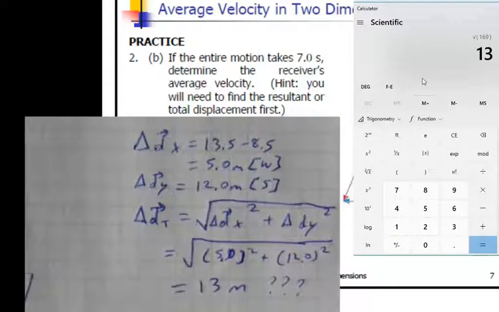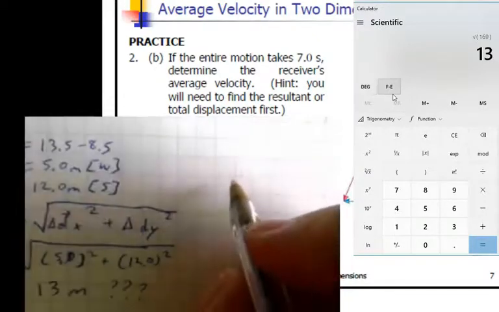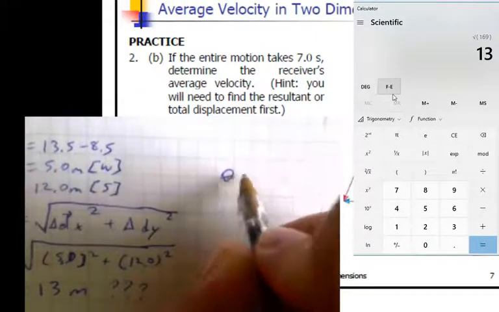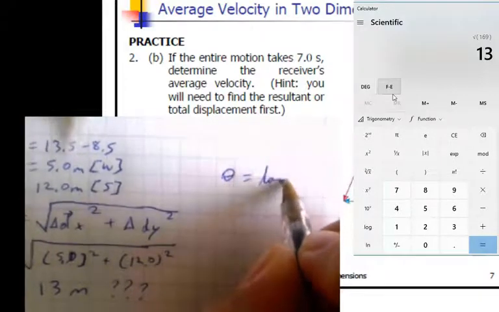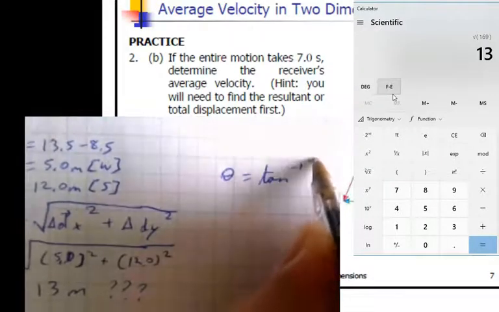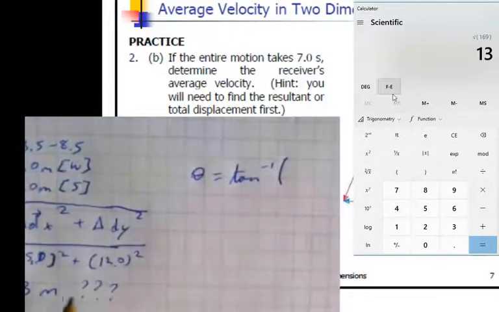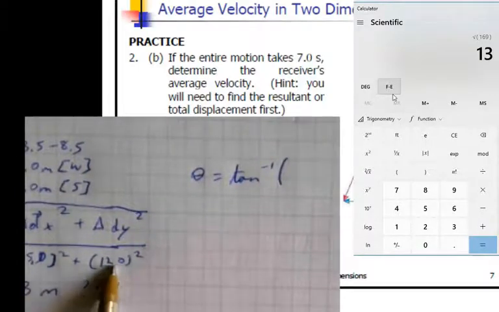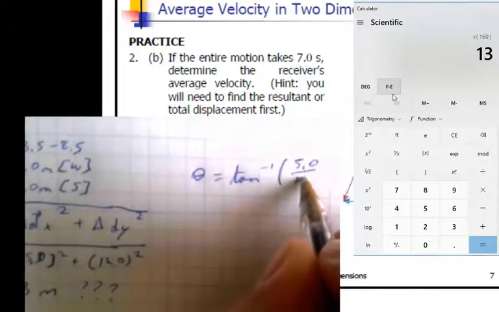So what we have to do is a side calculation to determine the direction. For this, I'm going to find the inverse tangent, and the trick here to determine which values to use is we always use the smaller value over the larger value. So the inverse tangent of 5.0 over 12.0.